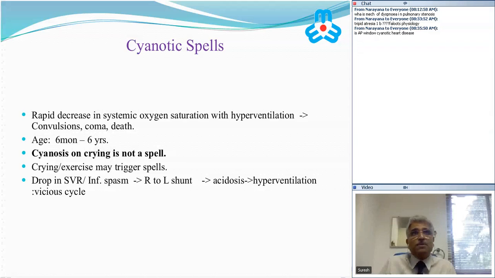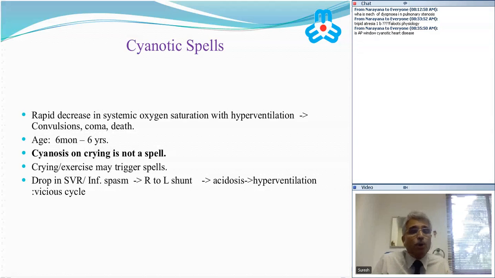Given this choice, at any given point in time, what the right ventricle chooses to do is largely decided by the systemic vascular resistance. The RVOT obstruction is fixed, so the variable component is the systemic vascular resistance. Plus, in the young infant, the infundibulum has not become fibrous and it may be liable to get infundibular spasm.